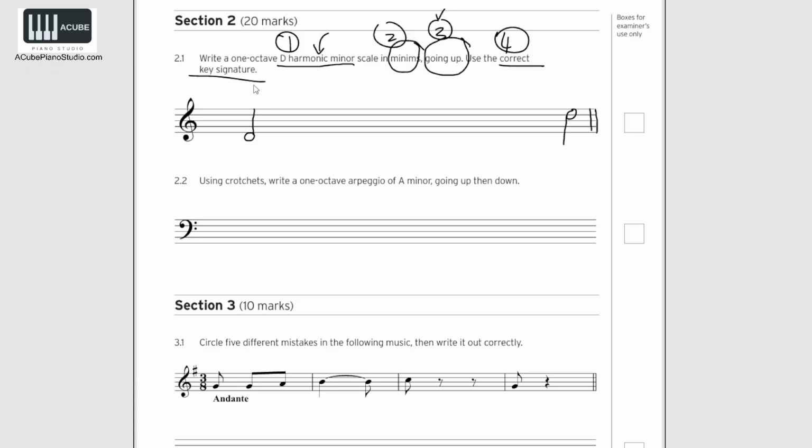Next, I need to use the key signature. D minor has a key signature of B flat. Let me put it in, because it's treble clef. So this is the key signature of B flat. Next, I'm going to write out all the notes.